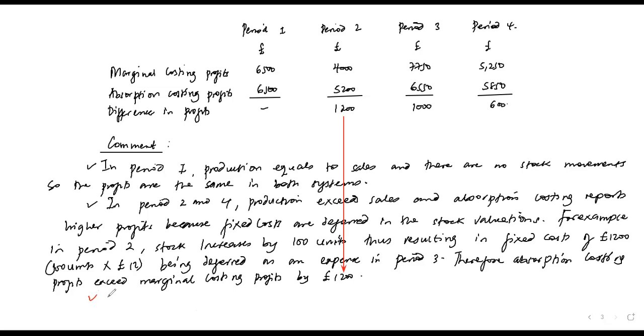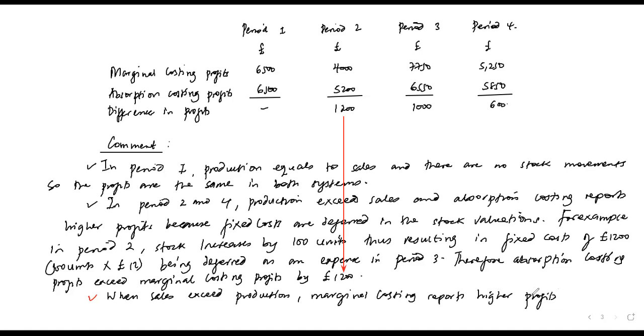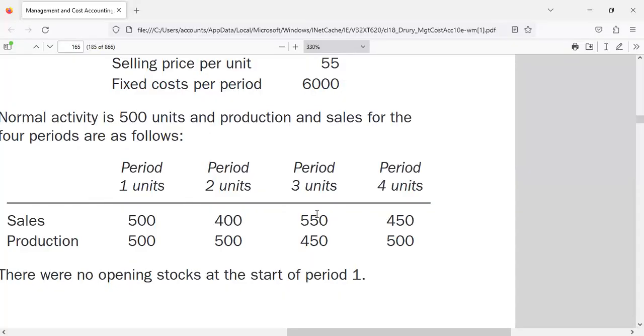When sales exceed production, marginal costing reports higher profits, i.e. in period 3.